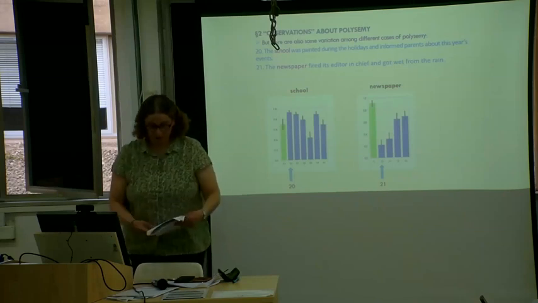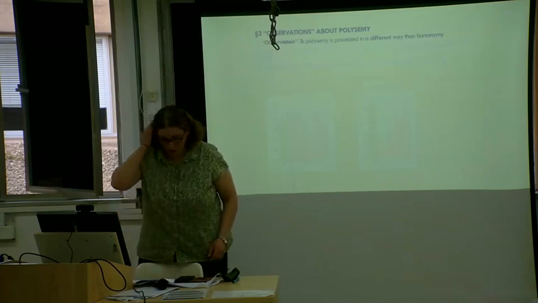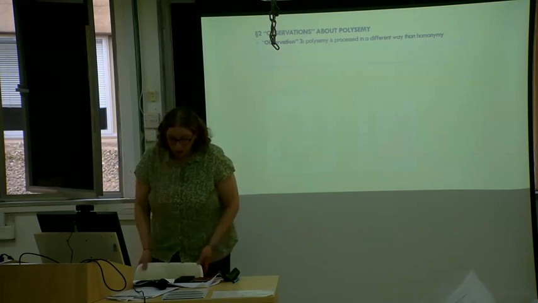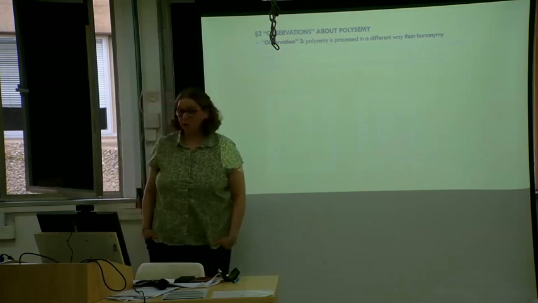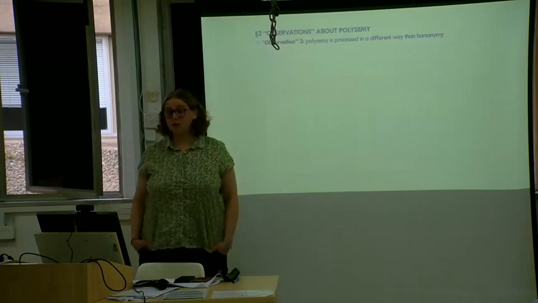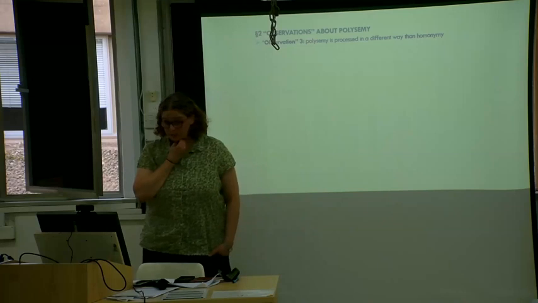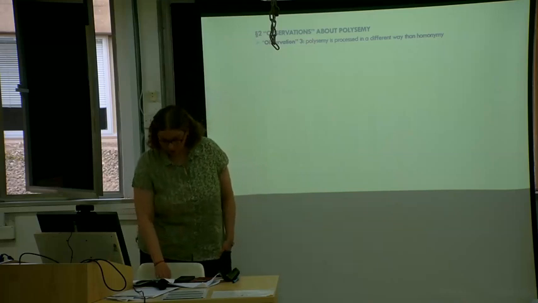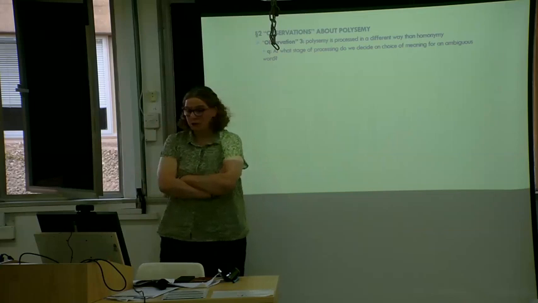Okay. So now I want to move on to the third observation. There's quite a lot of literature in psychology and in psycholinguistics claiming that polysemy is processed in a different way from homonymy. I'm just going to talk about one question that comes up in this literature.